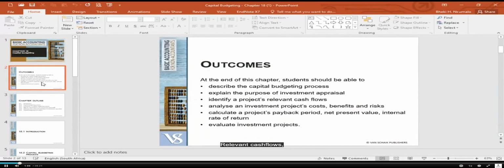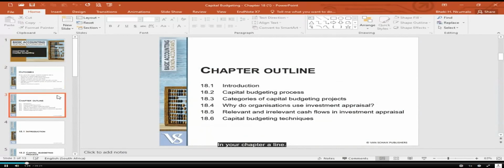And then we'll be able to calculate a projected payback period, net present value, internal rate of return, and lastly, evaluate investment projects. So in other words, this is what we expect at the end of this session.